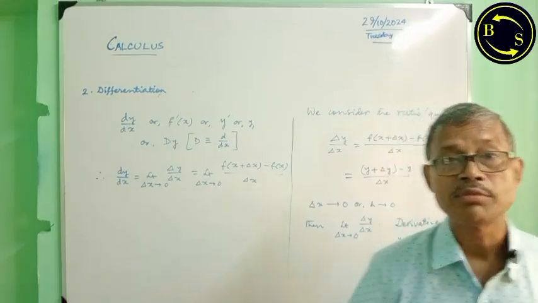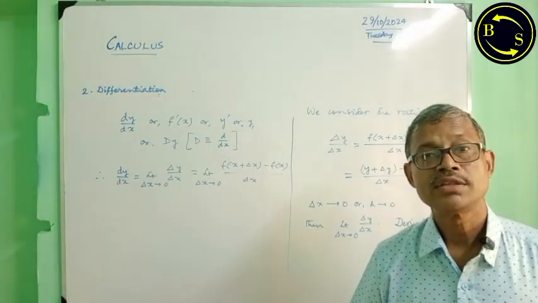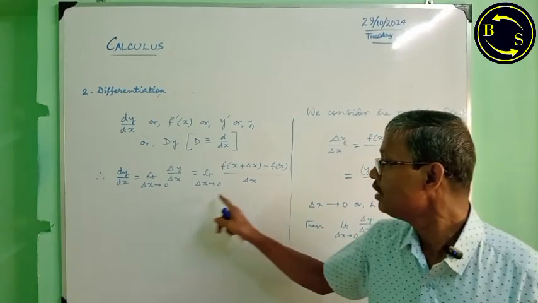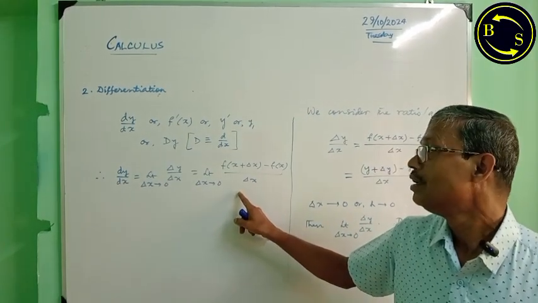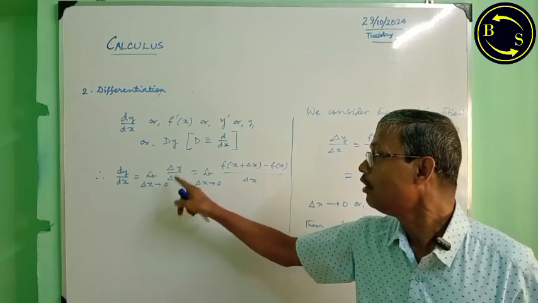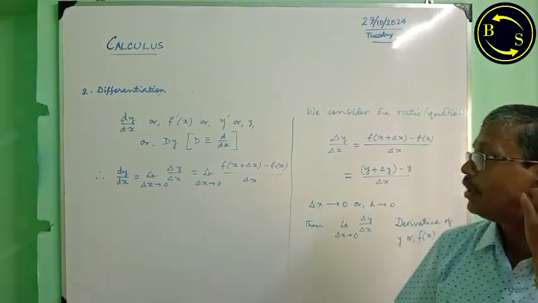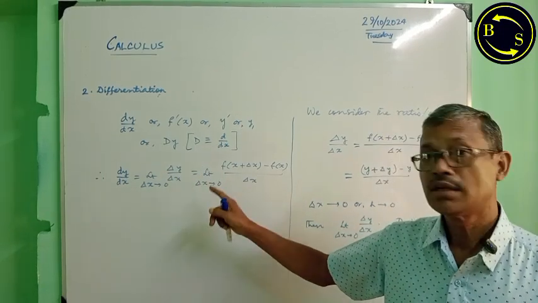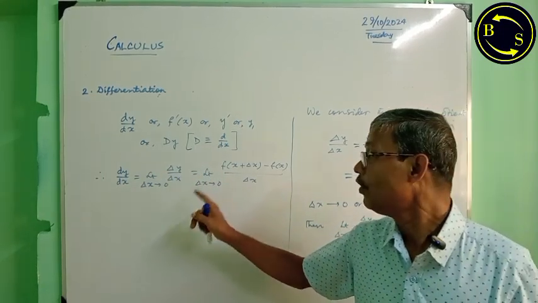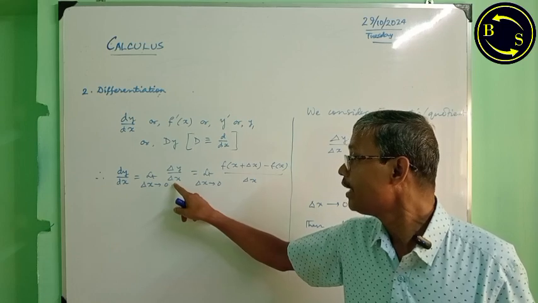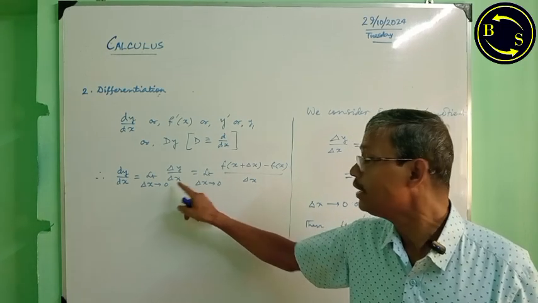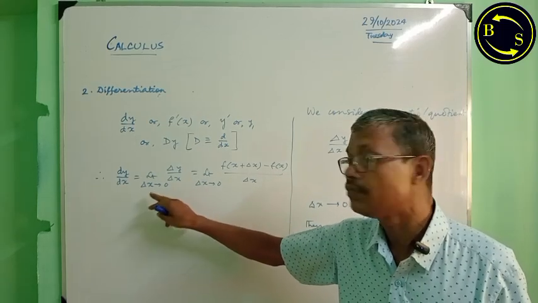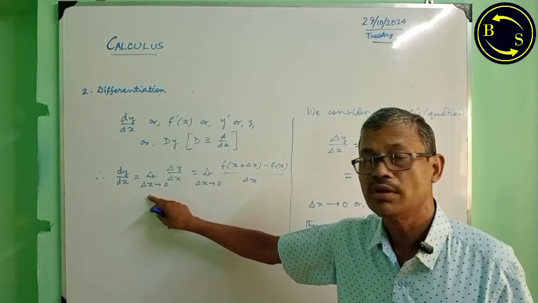Therefore, the derivative of the function f(x) or differential coefficient of the function f(x) is this limit, the limiting value of delta y by delta x, where delta y is the change in y corresponding to the change of delta x, which is the change in x, and this change in x is very small, infinitesimally small.